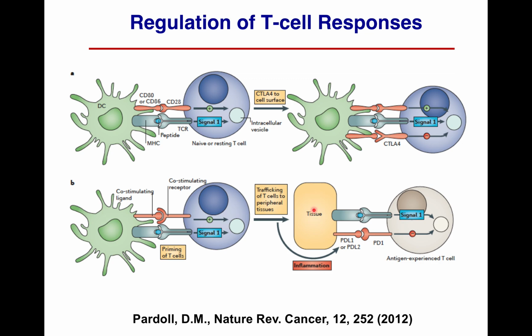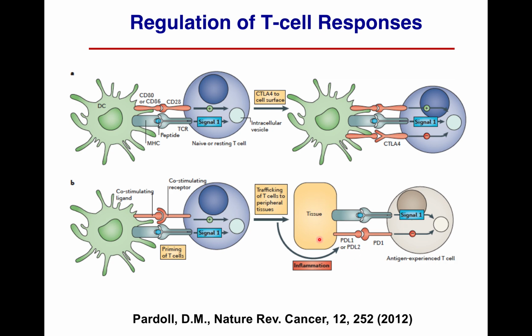So, for example, normal tissues would produce a molecule called PDL1, and on T cells, antigen experienced, so these would be memory-based, or these are not naive cells, these are cells that have interacted with the antigen, will produce a molecule called PD1, and the PD1 and PDL1, if they lock horns, if they bind to each other, will produce a negative signal to turn down that T cell.